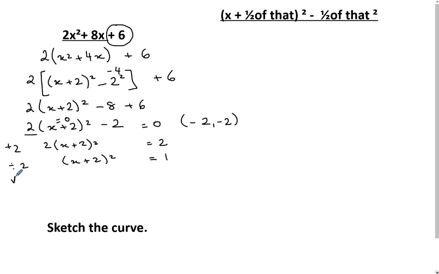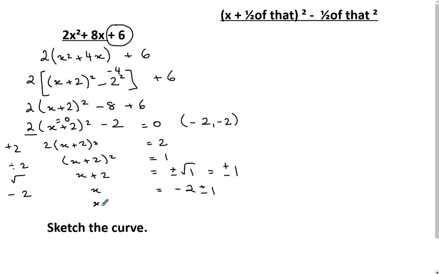Now, our normal steps. Square root x plus 2 equals plus or minus the square root of 1, which is plus or minus 1, and then minus the 2, and you've got x equals minus 2 plus or minus 1.